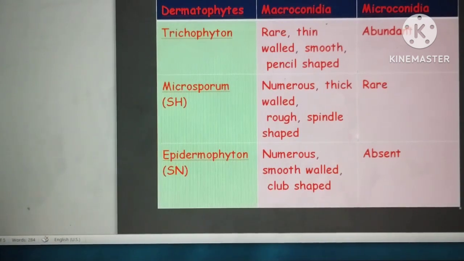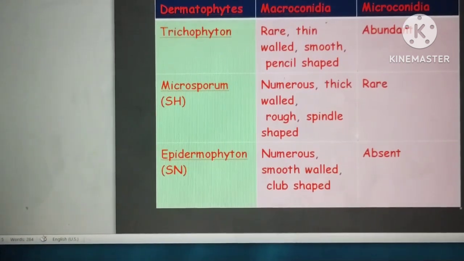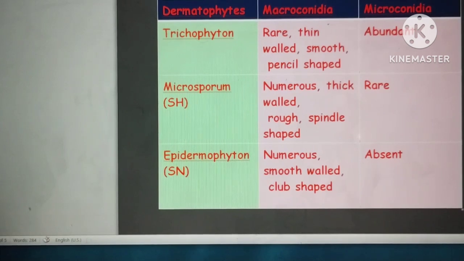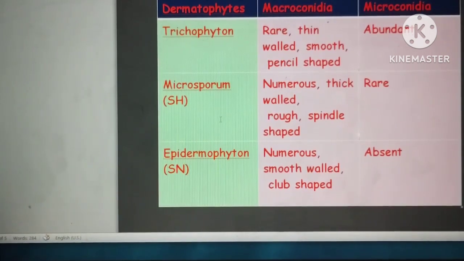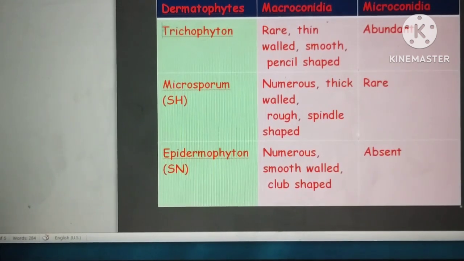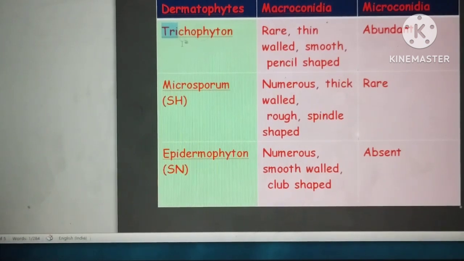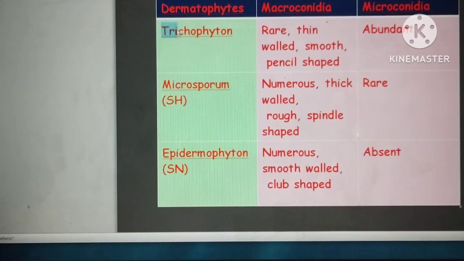Okay, and here you can remember: Trichophyton, Microsporum and Epidermophyton, right? Always remember Trichophyton, tri means color. Tricolor. If you say this word also, tricolor, the pencil is always in color, right?